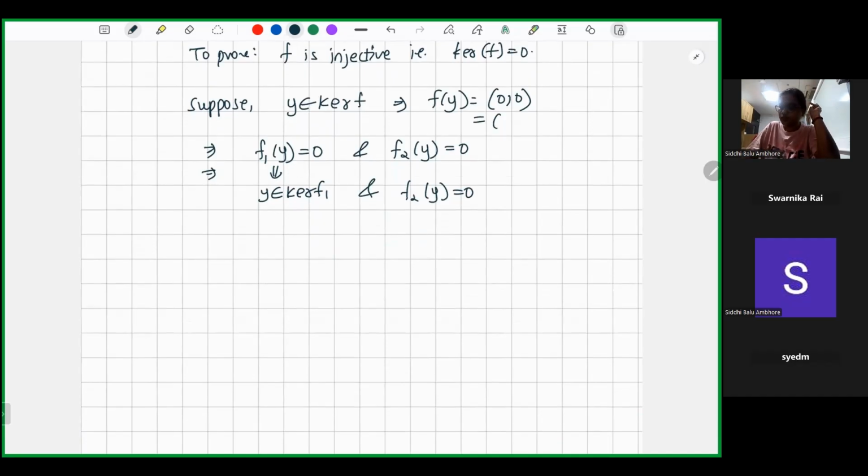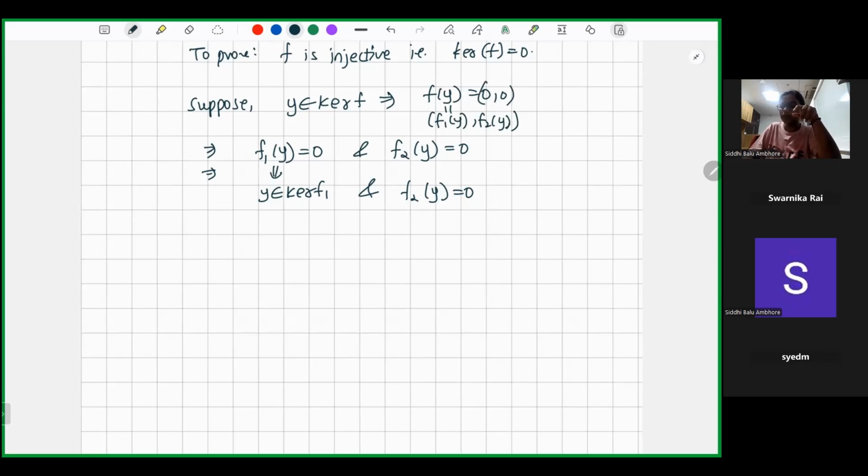This is f1 of y, f2 of y. But this is equal to 0. Or let me write this again. Suppose y belongs to kernel f. So f of y is 0. But what is f of y? This is f1 of y, f2 of y.